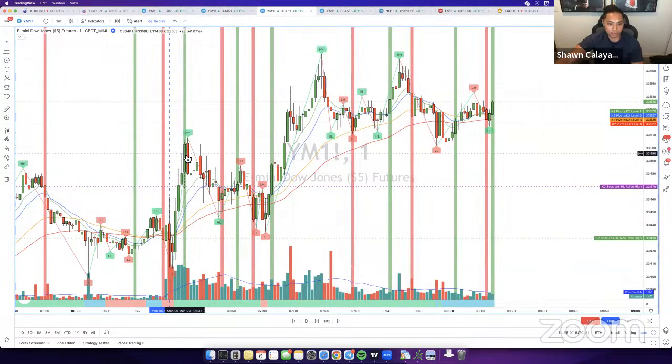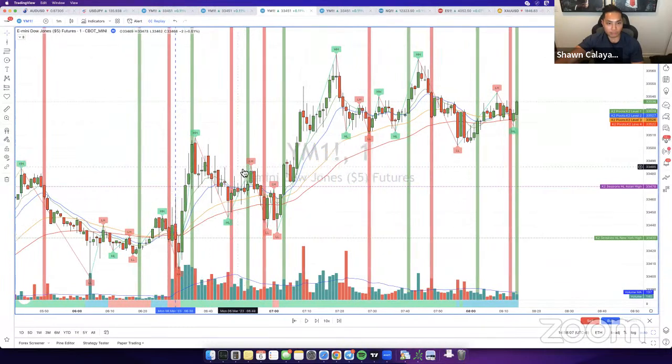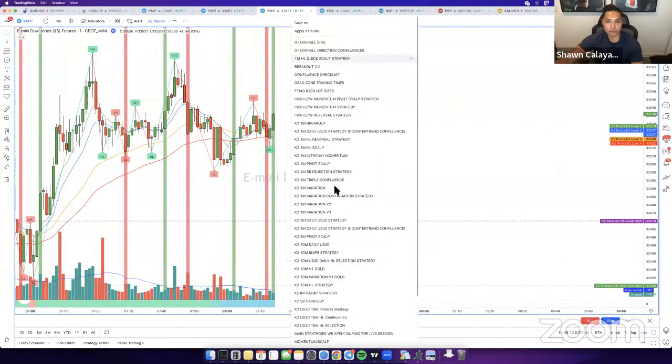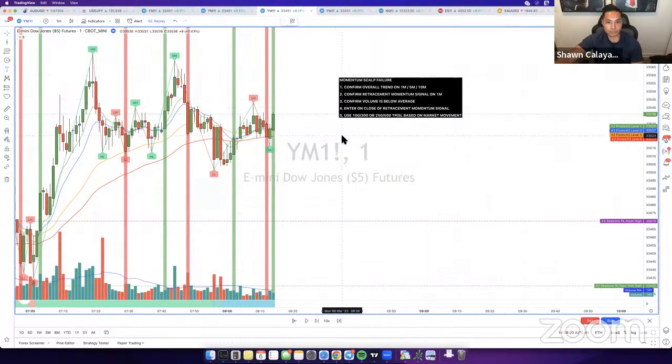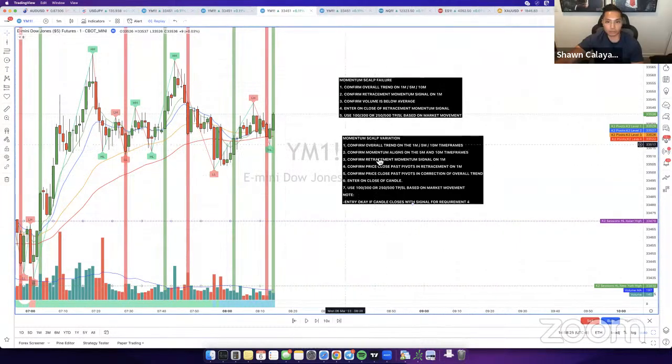Looking at this over here, we were looking for momentum scalp. I'll put the criteria over here for the requirements: momentum scalp variation or momentum scalp failure, momentum scalp variation, and regular momentum scalp.